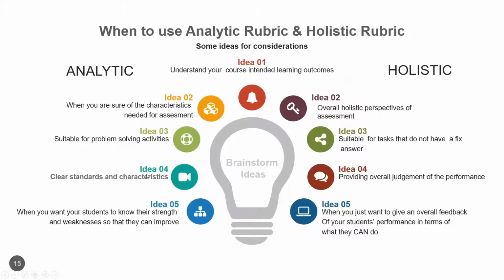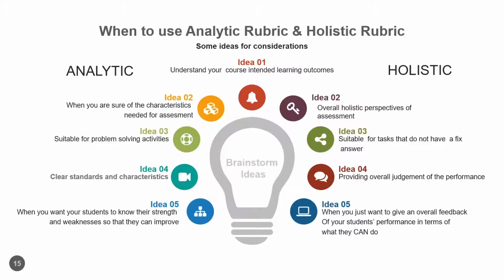But if it's just a generic way of doing things, kriteria dia tak banyak, dia macam very specific saja, very generic saja, then you can actually use holistic, because when you're using holistic rubric, you are providing the overall judgment. So you are actually showing students what they can do.